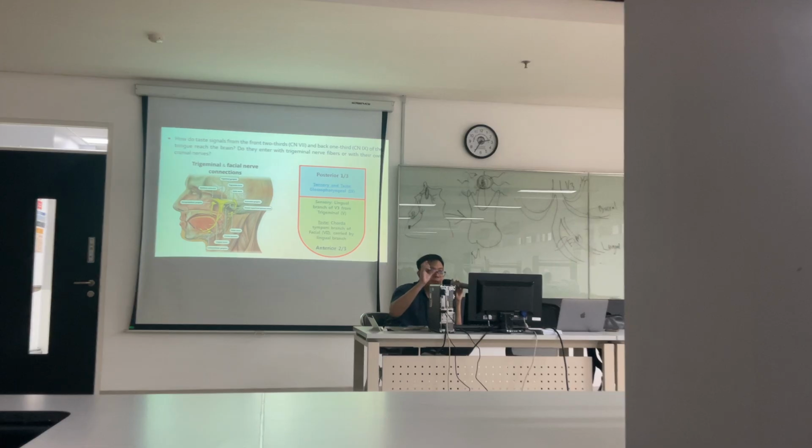So you feel salty from facial, but if you feel something like pain, somatic, and temperature, it is from trigeminal. But for the one-third posterior tongue, sensory and taste is from glossopharyngeal.